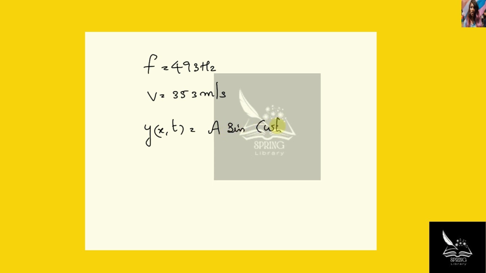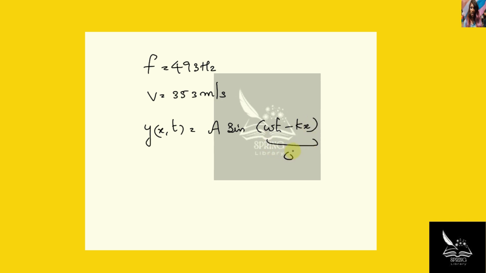Here it is given that the wave frequency f is equal to 493 Hz and the speed v is equal to 353 meter per second. We know that the wave equation is given by y of x comma t is equal to A sine(omega t minus kx).